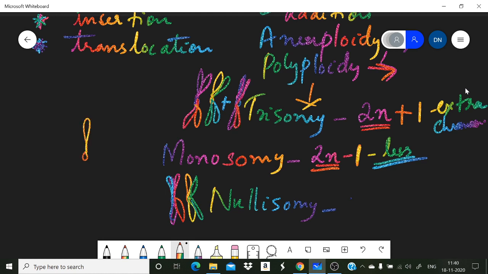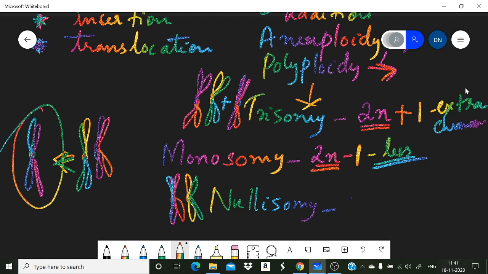Monosomy means this is normal, chromosomes occur in pairs, and here 2n minus 1. If one is deleted or moving away, a single chromosome will remain there. That is monosomy.